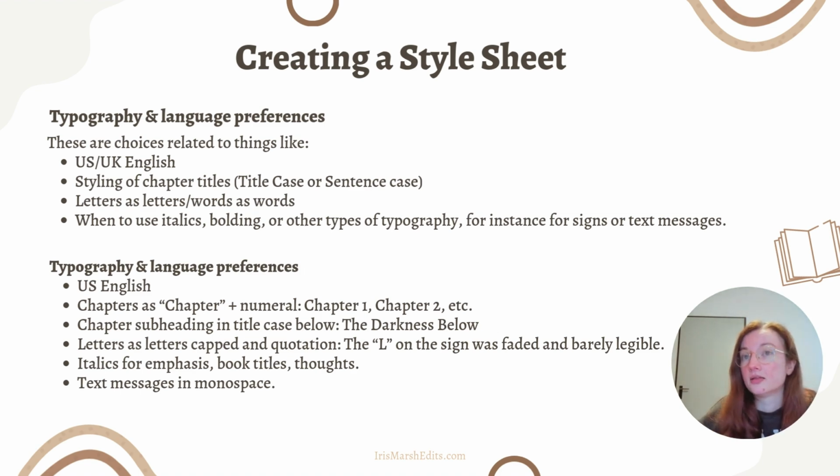Then here in this example I have italics for emphasis, book titles and thoughts, and I use the typography style monospace for text messages. So these are just some examples that you don't have to follow or anything like that.